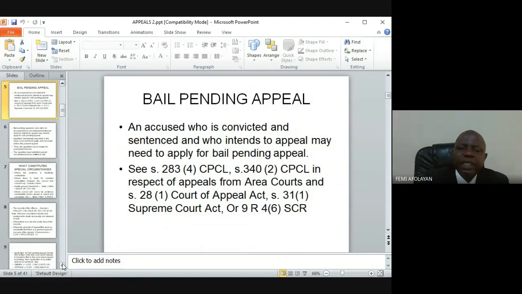Then Section 28 sub 1 of the Court of Appeal Act in respect of appeal from the High Court to the Court of Appeal, and Section 31 sub 1 of the Supreme Court Act, and also Order 9 Rule 4 sub Rule 6 of the Supreme Court rules in respect of appeal from the Court of Appeal to the Supreme Court.